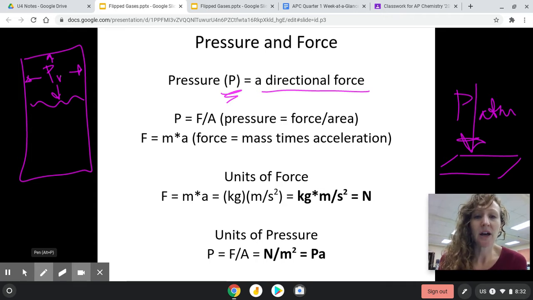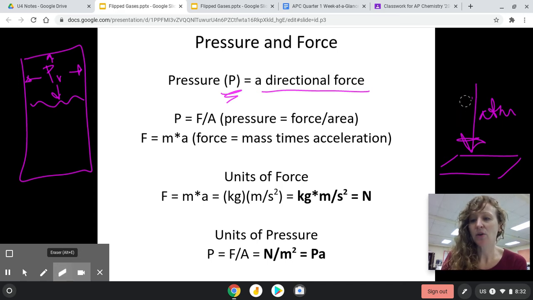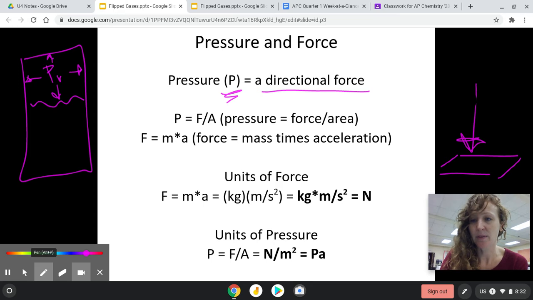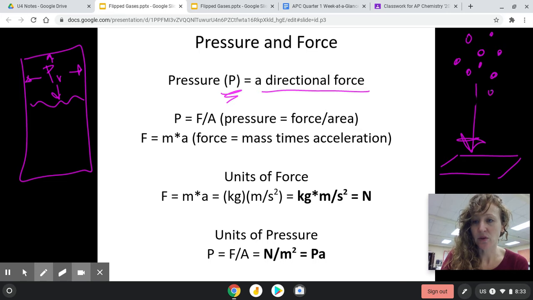Now, pressure is made up of two other factors. Pressure is a derived unit. It's derived from force and area. So we talked about this a little bit also. If you're trying to describe the molecules of the atmosphere, then the force would be gravity pulling on all of these little molecules.